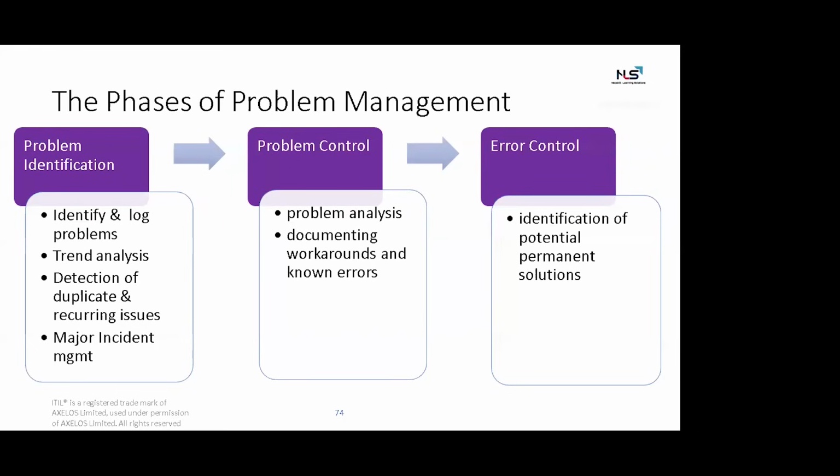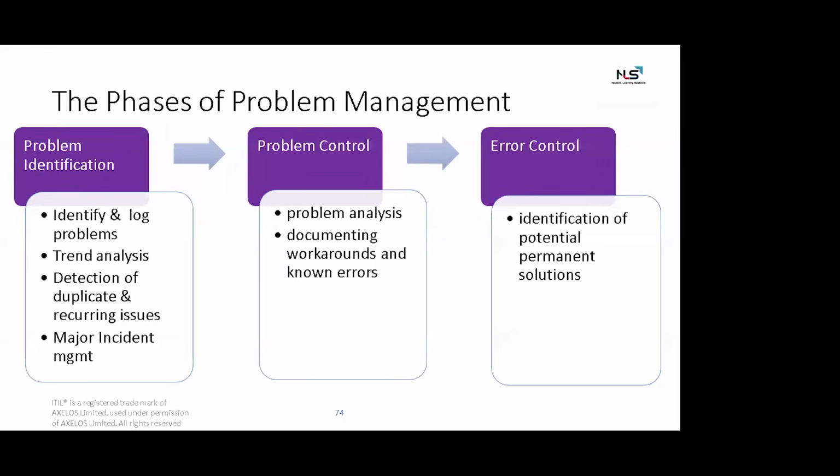Those duplicate problems you can consider as one. You can raise a master problem for that and operate on it. Major incident management we just discussed. Retrospective things are operated via major incident management. So this is the problem identification phase or stage.